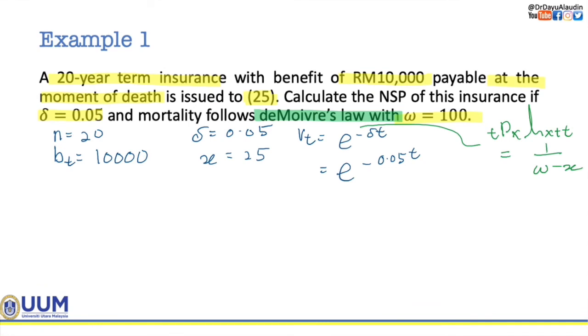So N is equal to 20, BT is equal to 10,000, the benefit, delta is equal to 0.05, X is equal to 25, so the discount function VT is e negative delta T, so we have e negative 0.05T, and the mortality follows de Moivre's law, therefore TPX mu x plus t is equal to 1 over omega minus x, where omega is equal to 100.